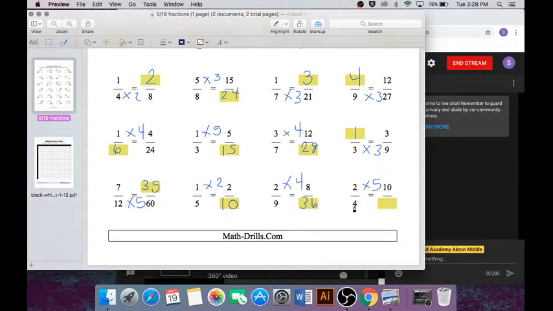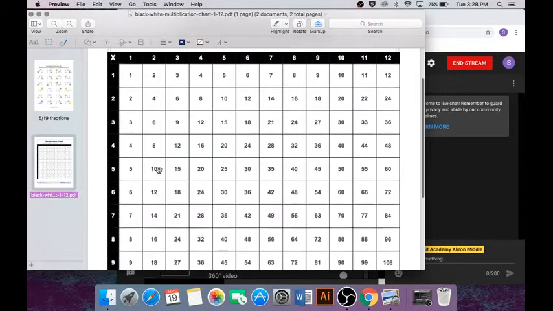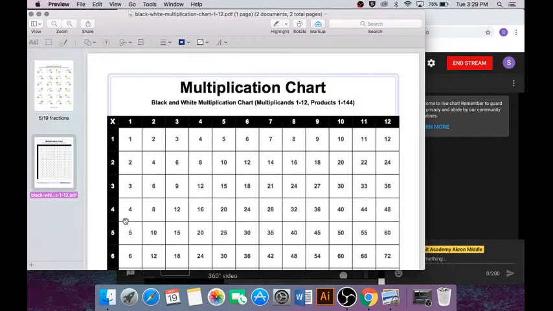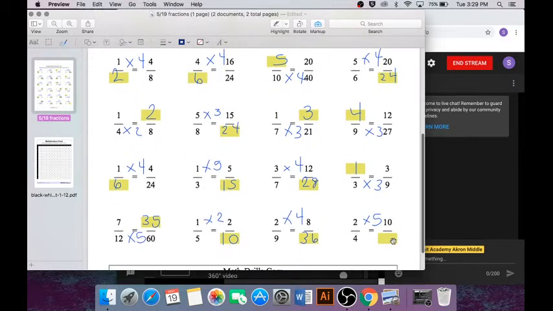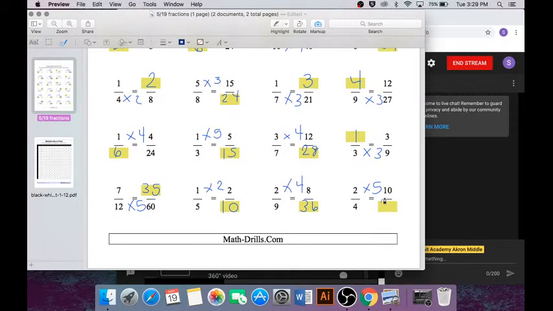So we're going to use our multiplication chart to see what 4 times 5 equals. In our 4 times table, we have 4 times 1, 2, 3, 4, and 5. 4 times 5 is 20. So our second denominator is going to be 20.